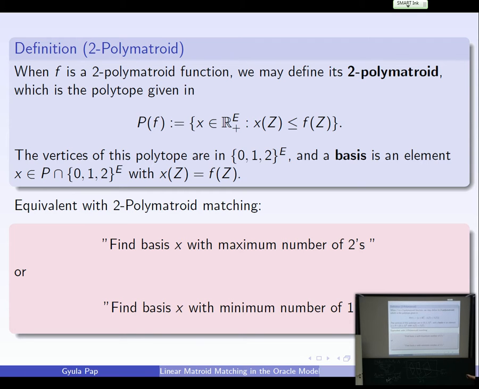This is a 2-polymatroid. It is a nice one because it is an integer polyhedron. 0, 1, and 2 will be all the entries in a basis. So 2-polymatroid matching is equivalent to finding a basis of this 2-polymatroid with the maximum number of 2's, or the minimum number of 1's.